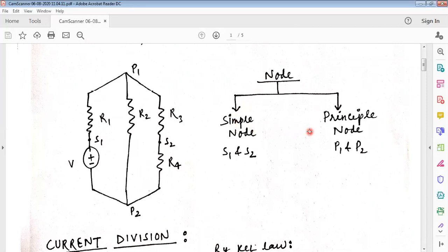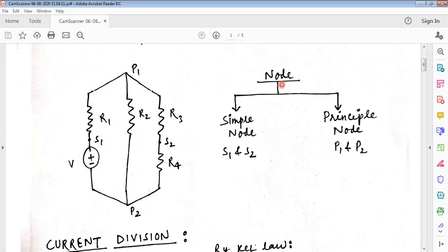Let's take a circuit with R1, R2, R3, and R4, these four resistors, and one voltage source, V. Let's say this point is S1, this point S2, this point P1, and this point P2. So P1 and P2 are called principal nodes, and S1 and S2 are called simple nodes.